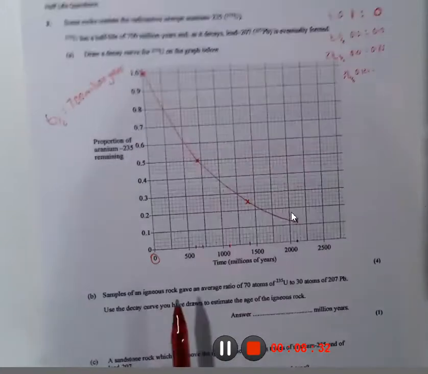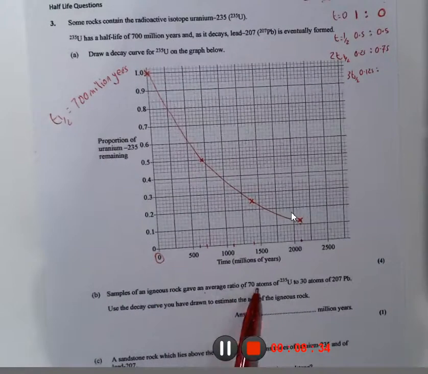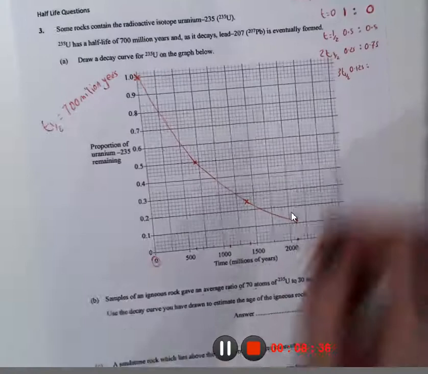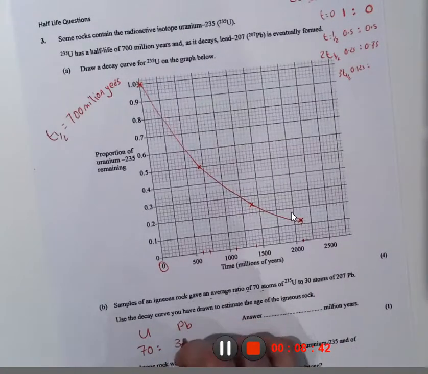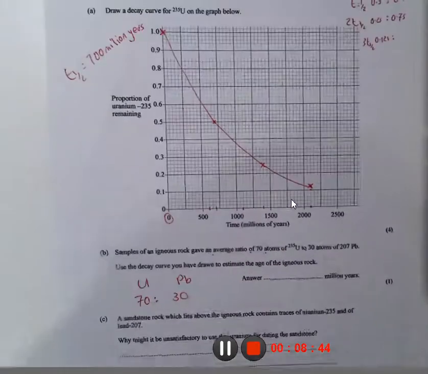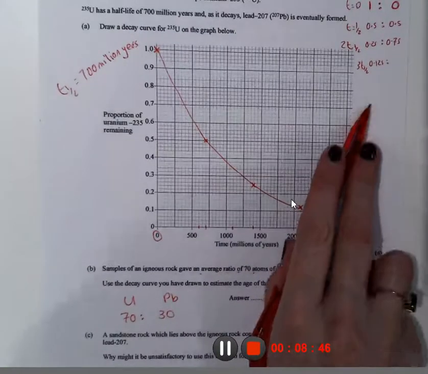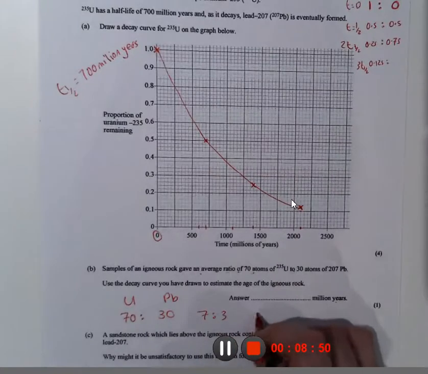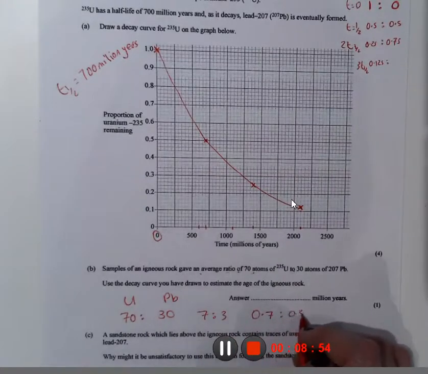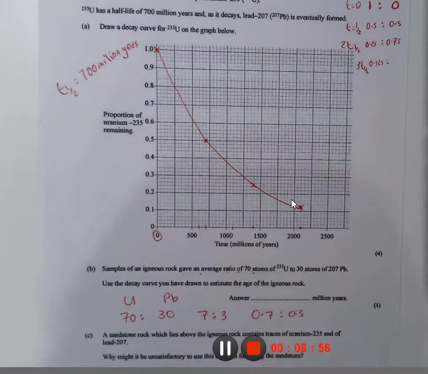So it says here samples of igneous rock gave a ratio of 70 atoms of uranium to 30 atoms of lead. So we need to make this ratio look like these ratios. So if we divide by 10, we get 7 to 3, and if we divide by 10 again, we get 0.7 to 0.3. So that's the one we're looking for.